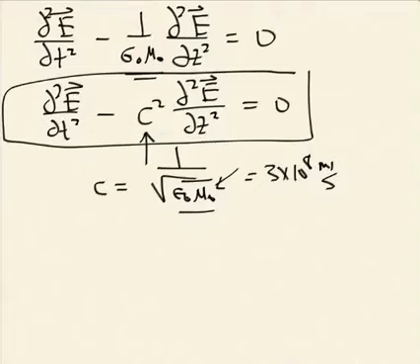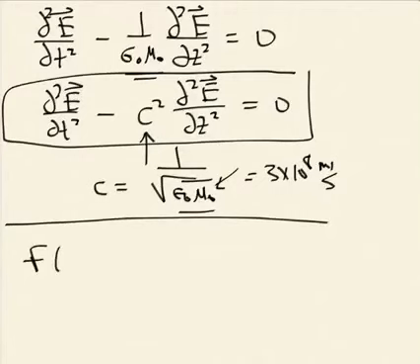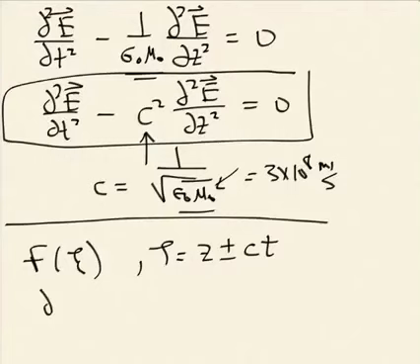All right, so now just to remind you, this kind of equation has a general solution. If you pick any function that is only a function of one argument, and that argument I'll call squiggle, like I did in 1B, where squiggle is z plus or minus ct, then if I look at this wave equation, I'm going to take 2 time derivatives and 2 space derivatives of this function.